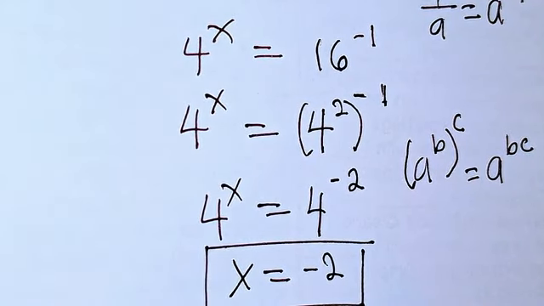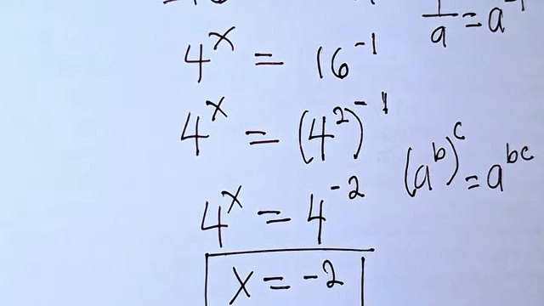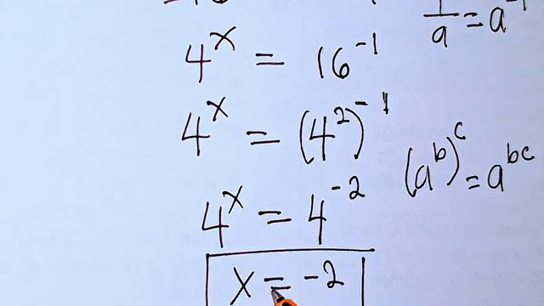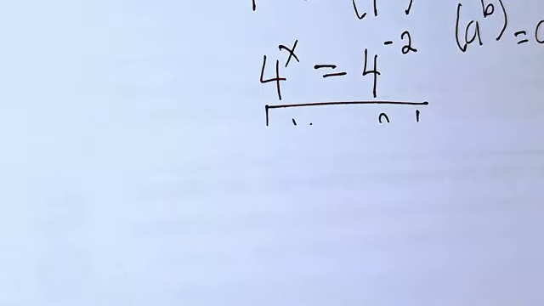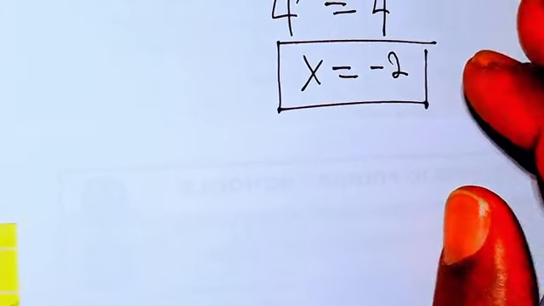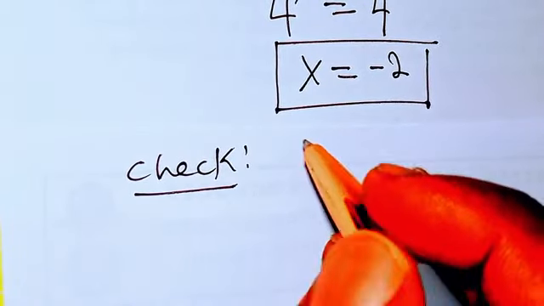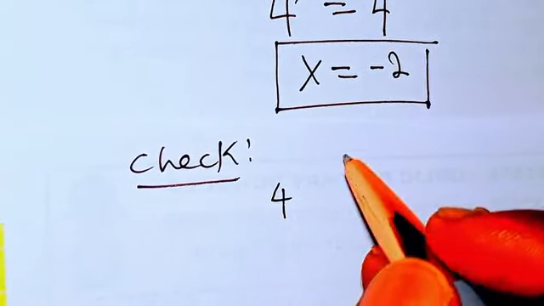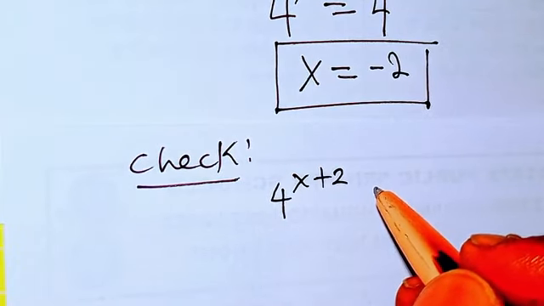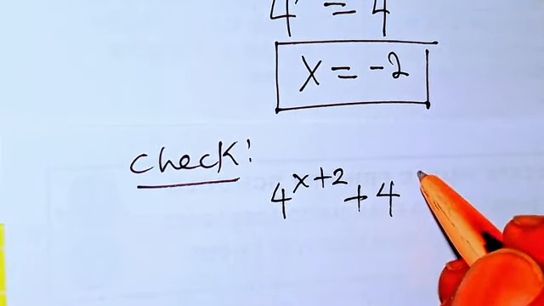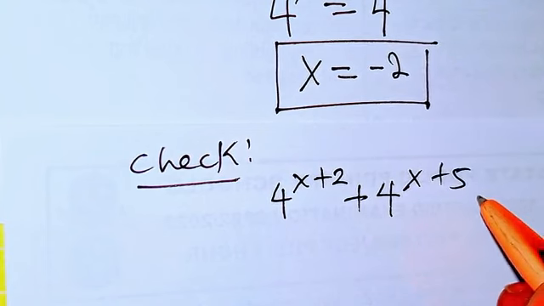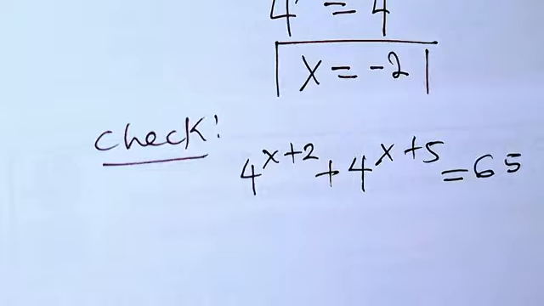So now if you want to check whether you have the right answer or not, we plug in x equals minus 2 into the given equation. So we have the given equation here, and we want to check. We have 4 to the power of x plus 2 plus 4 to the power of x plus 5, equals 65.